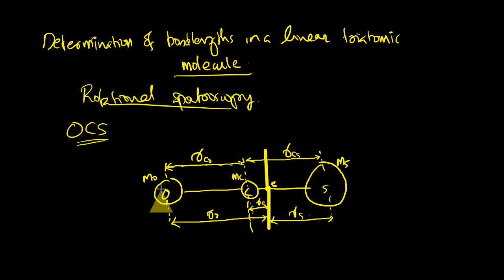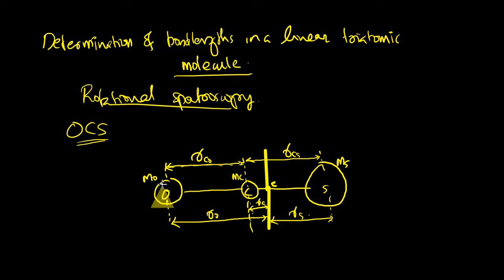These atoms are rotating about an axis in circles of a certain radius, so the oxygen is rotating in a circle of radius RO.